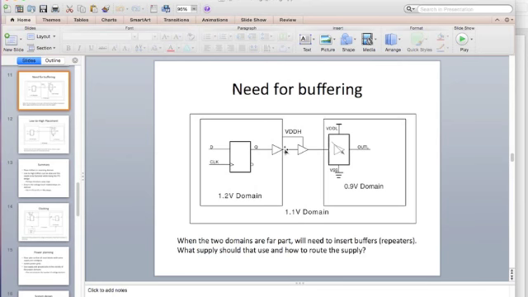The argument against shifting it out here is that the speed of the signal to drive this from here to here will be degraded, because you're using repeaters or inverters which are driven off the low voltage supply, right? So that is one argument, maybe not to push it out here.